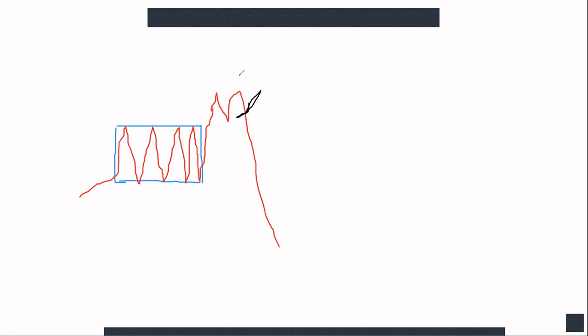So after we'd have seen a railroad candle pattern like this.